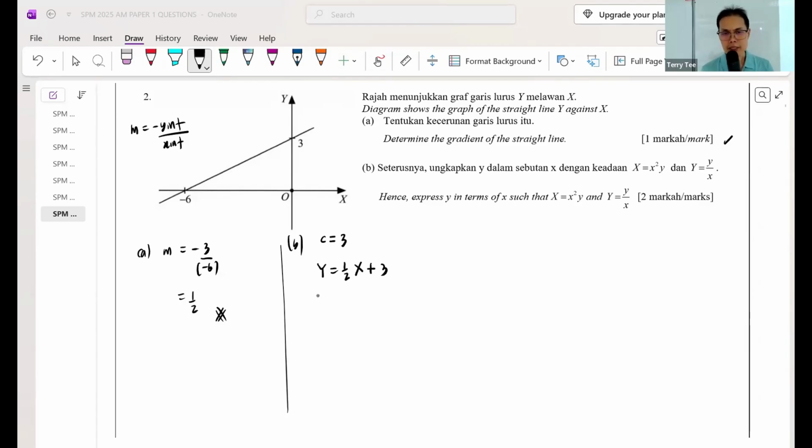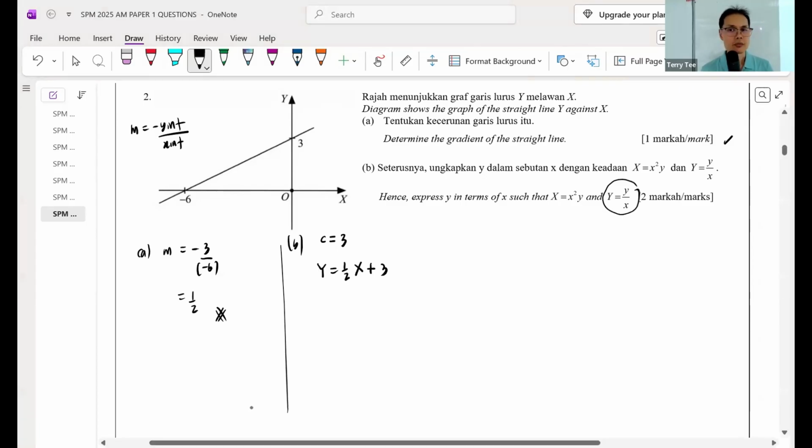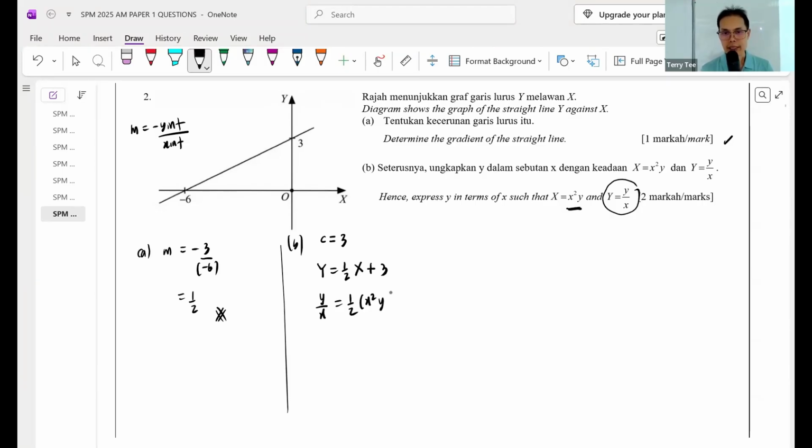So what is your big Y? Your big Y is y over x now. So we replace your capital Y with y over x. Replace your capital X with x squared y. Then you plus 3 here.